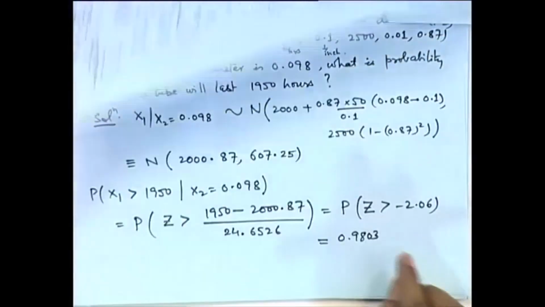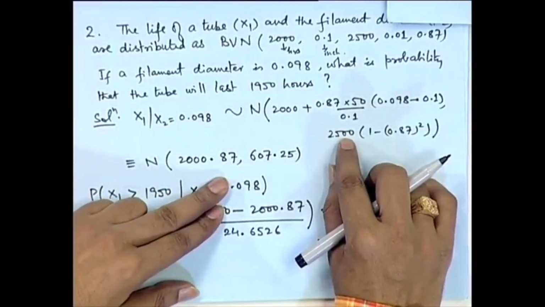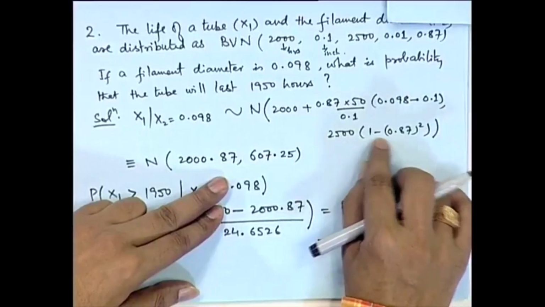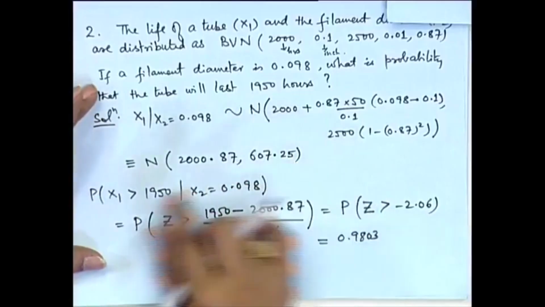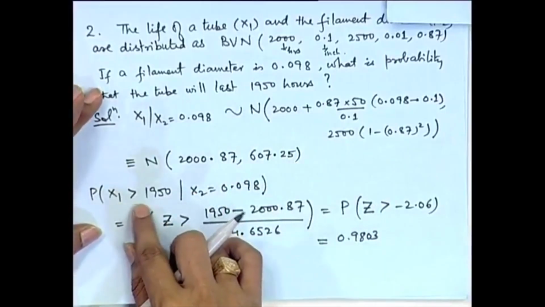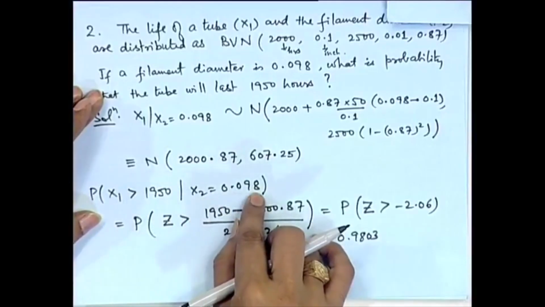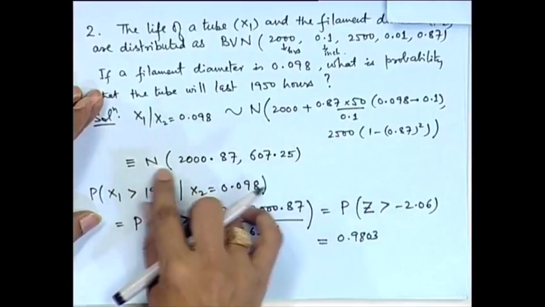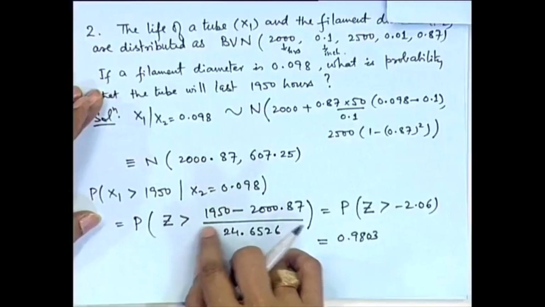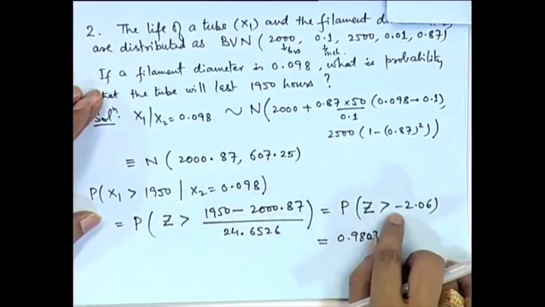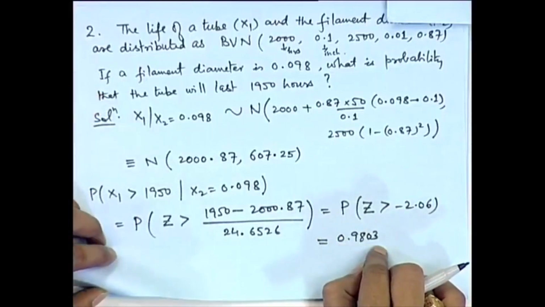After simplification this turns out to be 2000.87 and the variance here is sigma 1 square into (1 minus rho square), which is equal to 607.25. So, the conditional probability of x 1 greater than 1950 given that x 2 is equal to 0.098 can be calculated using this univariate normal distribution. After transformation to standard normal, we get probability of z greater than minus 2.06, which is evaluated as 0.9803.